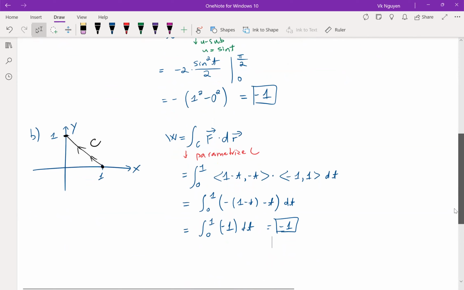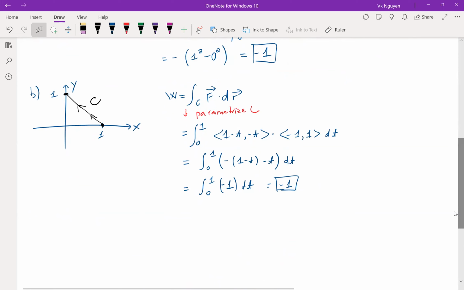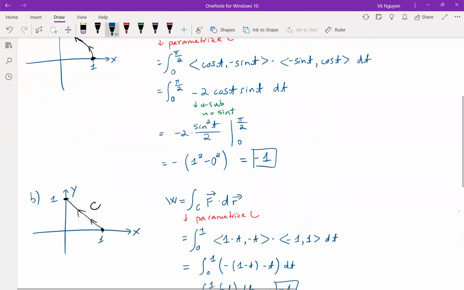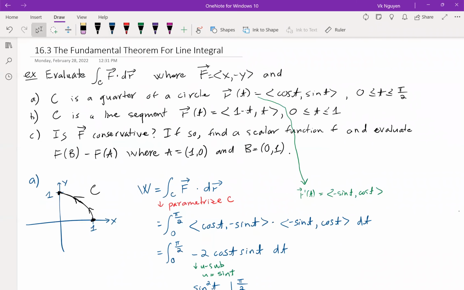The reason is in C. Well, we just have to check the vector field. That's why I say, is the vector field conservative?